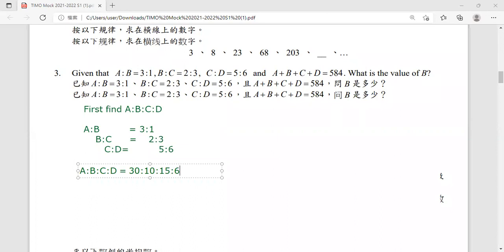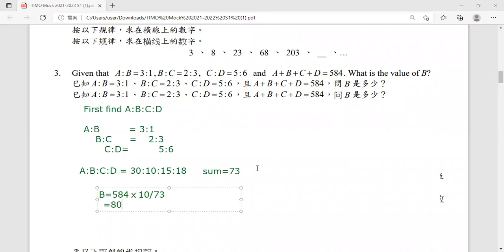Okay, so the total parts. Oh, this is a two. This is 18. The sum here will be 30, 30, 15, which is 73. Okay, 73. So B will be equal to 584 times 10 over 73, which is 80.